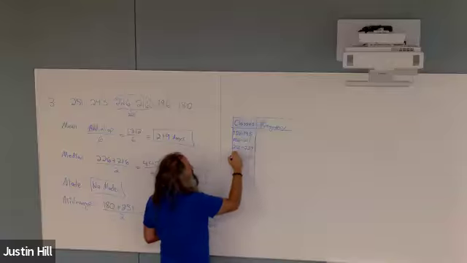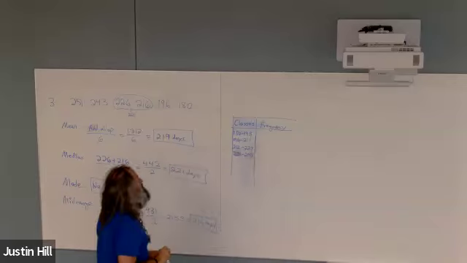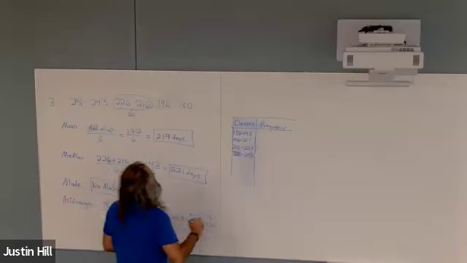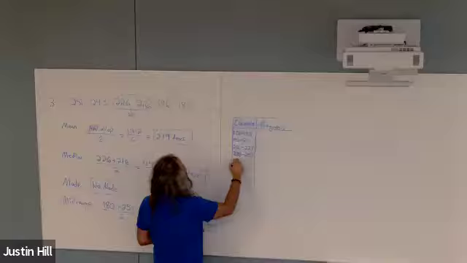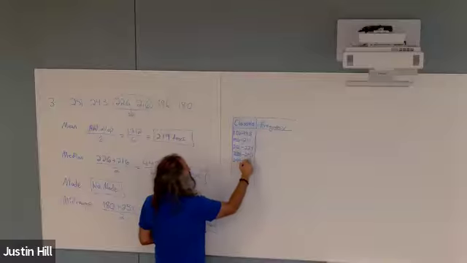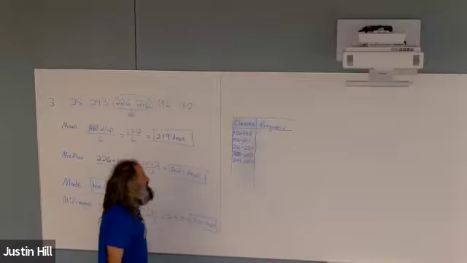Fourth one will be 228 to 243. I actually still don't think this is going to improve anything. Interesting. Then 244 to 259. So if I choose my class width to be 15, this is kind of what I get.